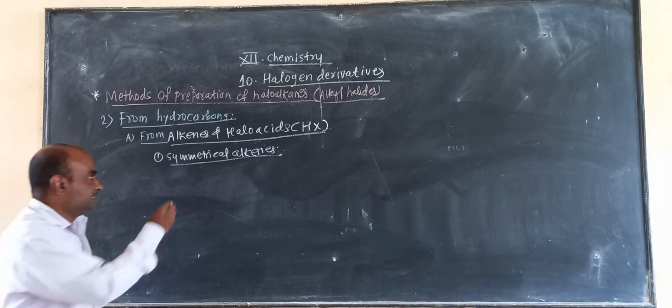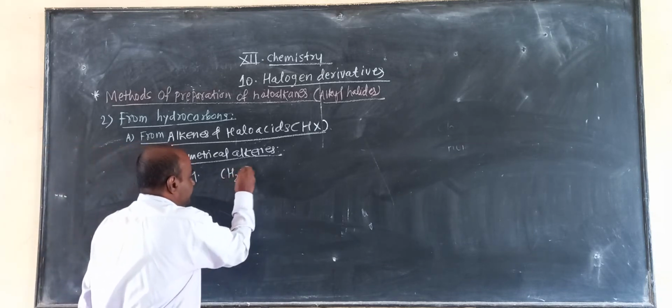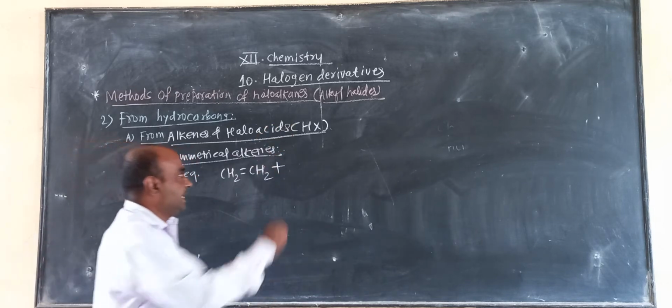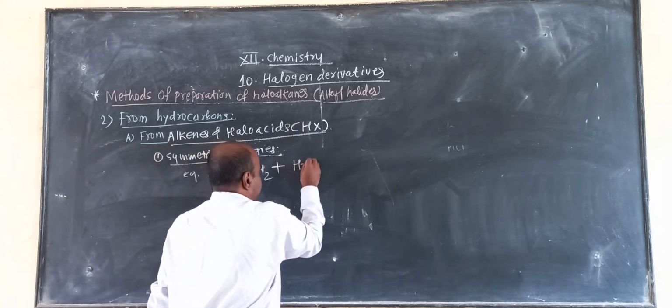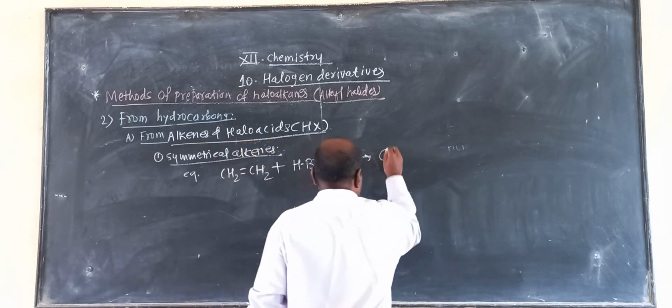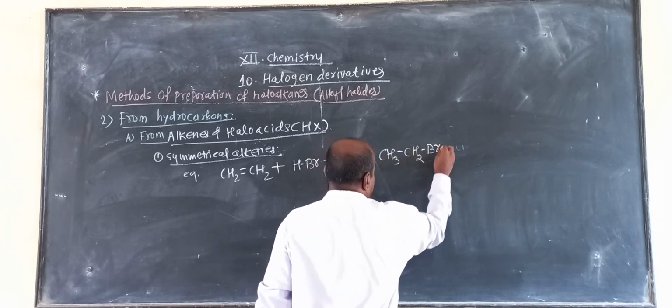For example, for a symmetrical alkene like ethene, when it is added to a haloacid like HX or say HBr, then the addition product obtained is ethyl bromide.